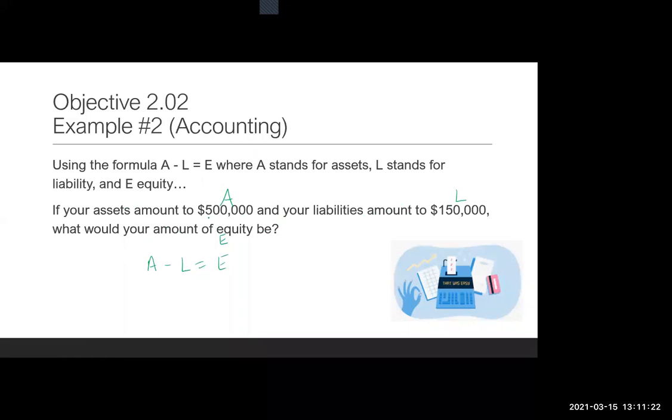In place of A, we're putting that 500,000. In place of L, we're putting that 150,000. And that gives me 350,000. Again, substitution, okay?